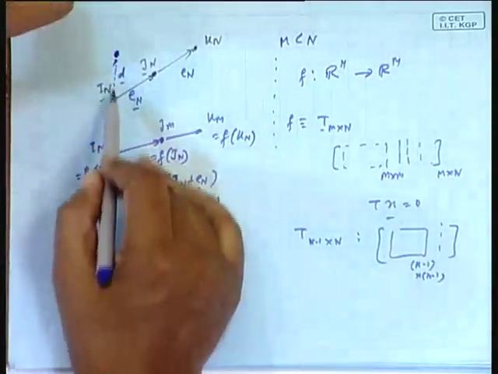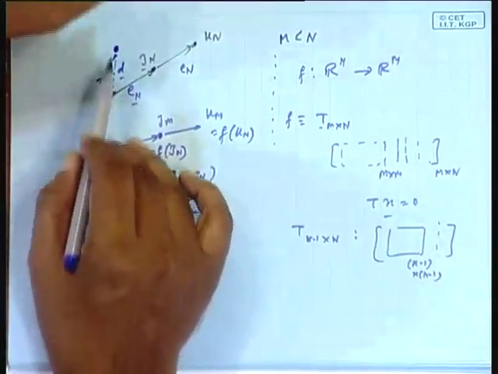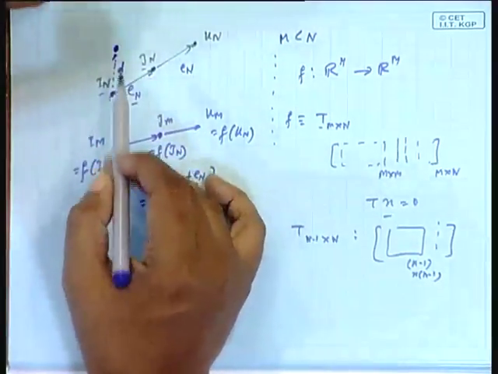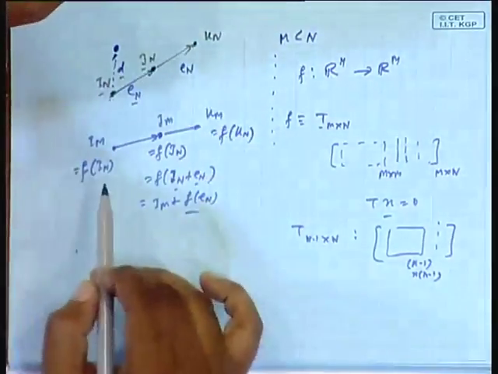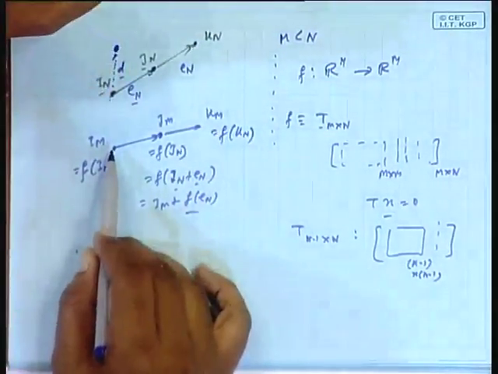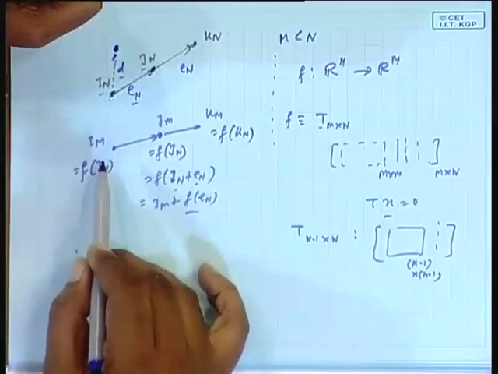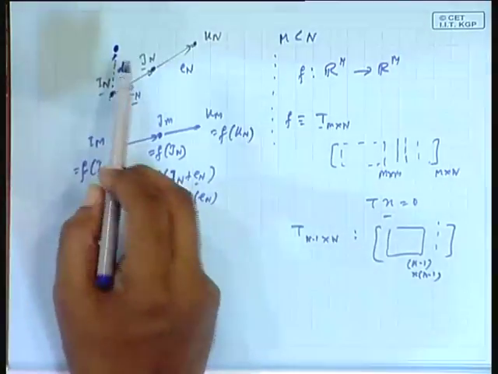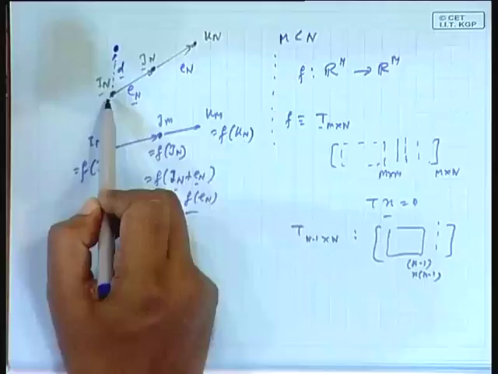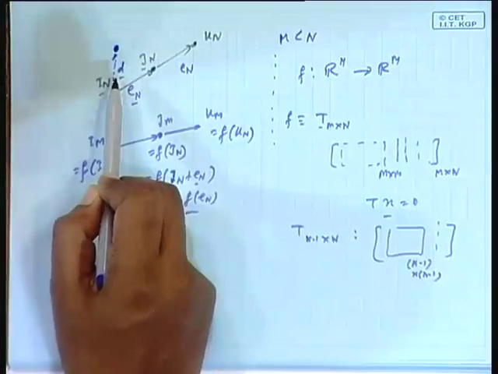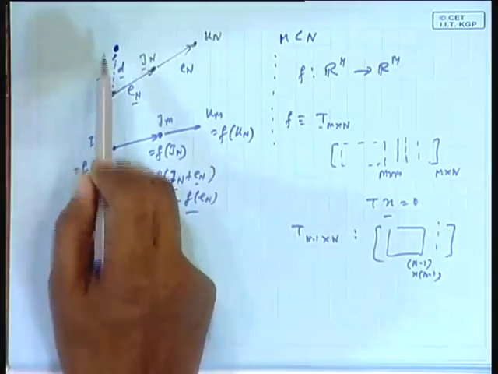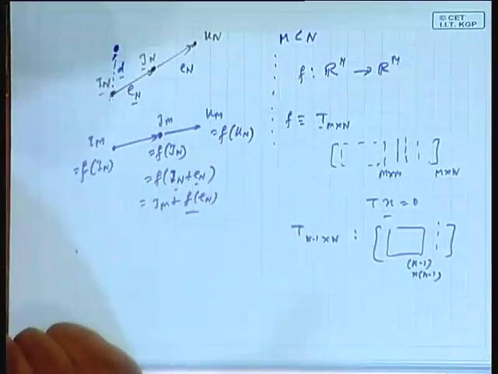So, this and this, suppose they are separated by vector D, this is not an edge. These two and any one down this line, upward or downward, they all will map to the same node here, that means their schedule must not clash. So, what is the schedule of this? Schedule of this plus S of D. So, S of D must not be 0, otherwise the two schedules will clash, this is another constraint.